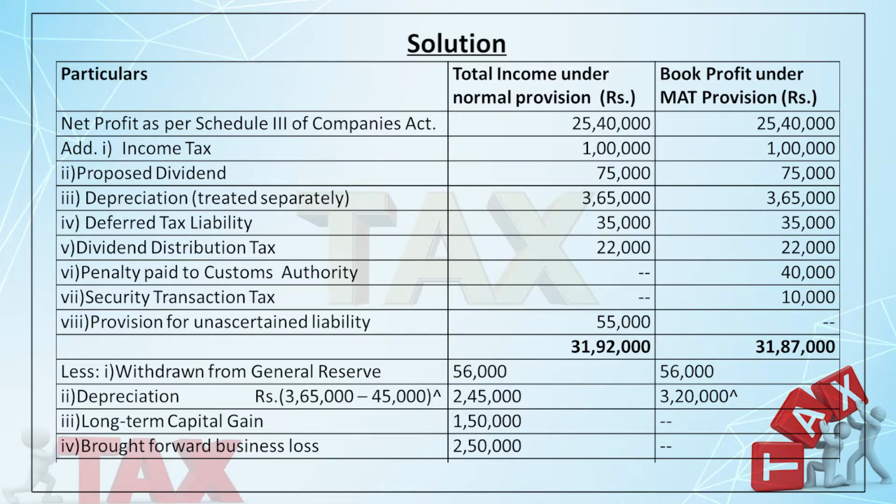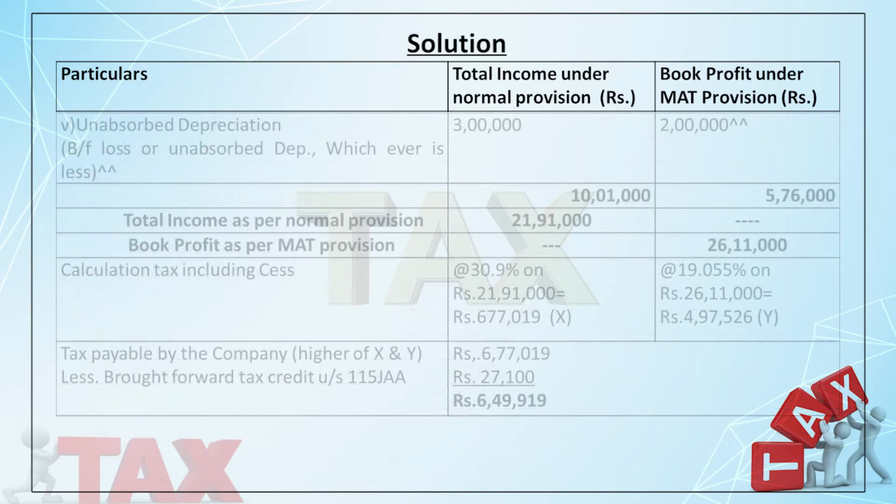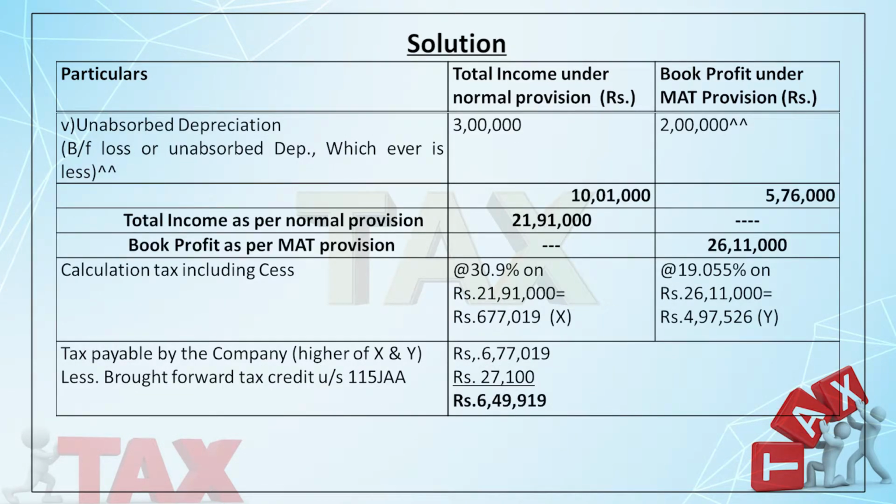Then long term capital gain and brought forward loss should be considered carefully. Long term capital gain would not be considered here. Then you have to consider the brought forward loss and unabsorbed depreciation, and as per the provision, the brought forward loss or unabsorbed depreciation, whichever is less, is to be deducted in case of calculation of book profit.